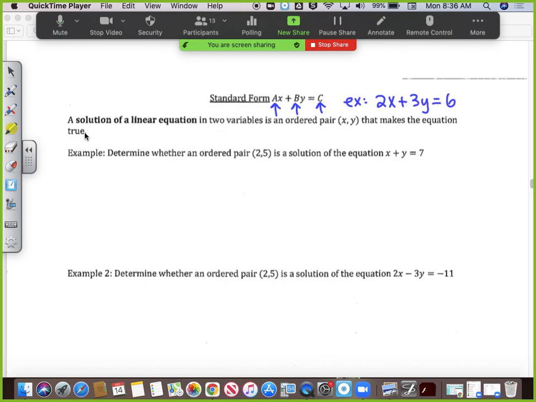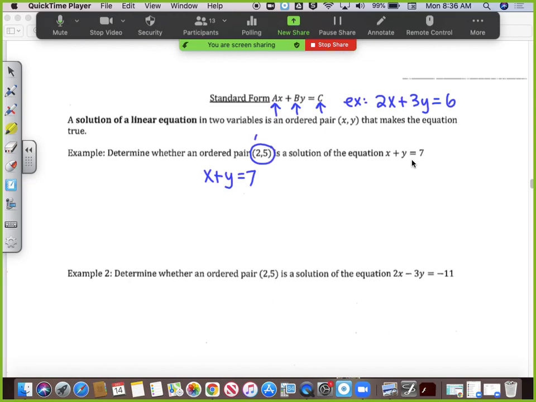A solution of a linear equation with two variables is an ordered pair. We know ordered pairs are x comma y, and that ordered pair makes the equation true. So in this example, we want to determine whether this ordered pair here is a solution to this equation. So what we'll do is take the equation x plus y equals 7, and we're going to use this ordered pair to see if this is true.